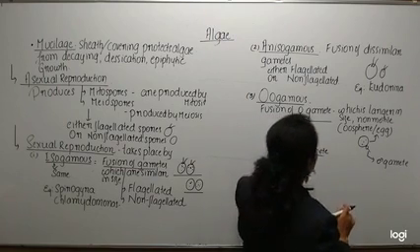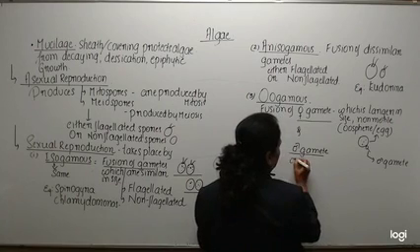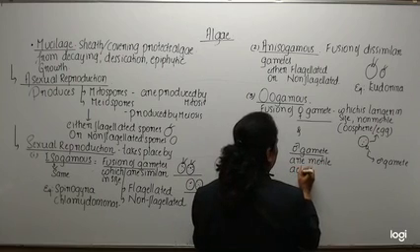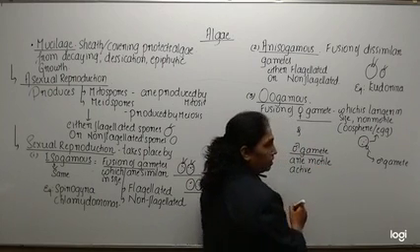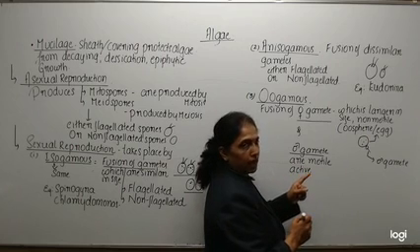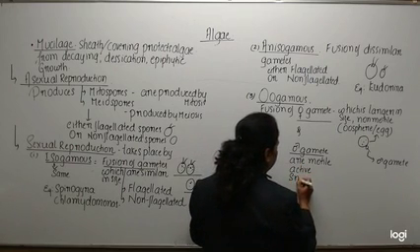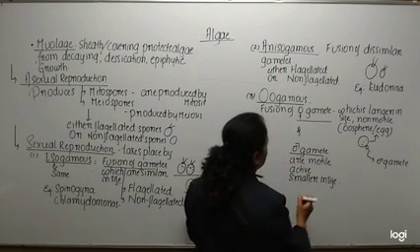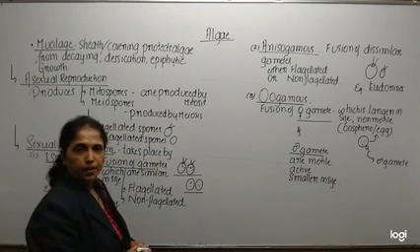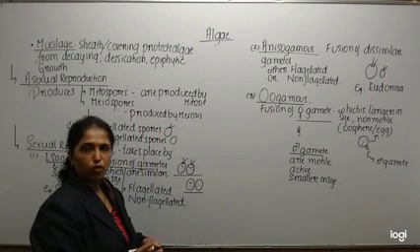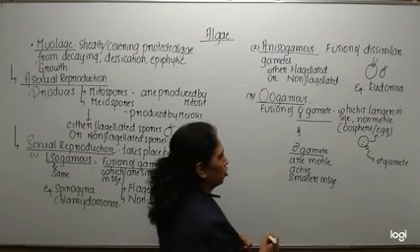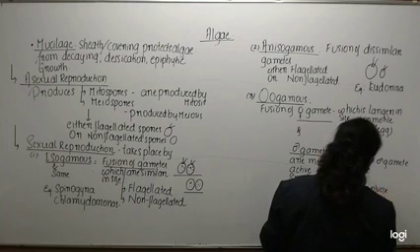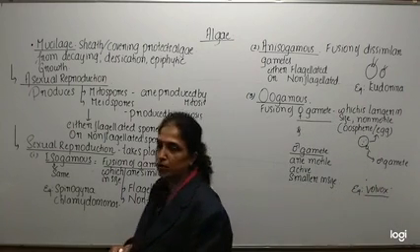It is called oogamous. This type is called the oogamous type. Oogamous is common in the case of Volvox and Oedogonium. Example for this is Volvox. Remember some examples, it's very important.